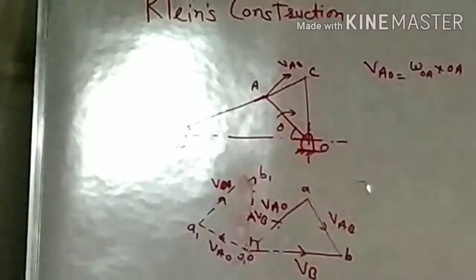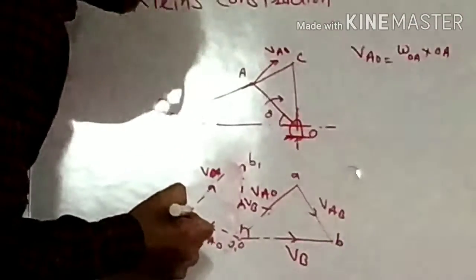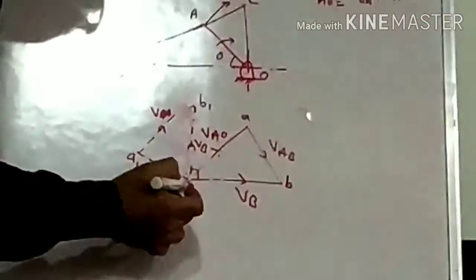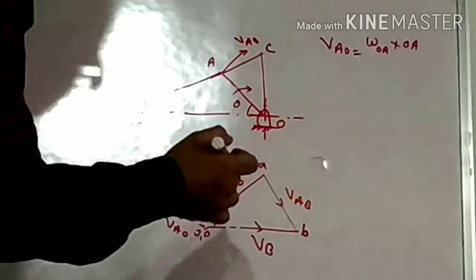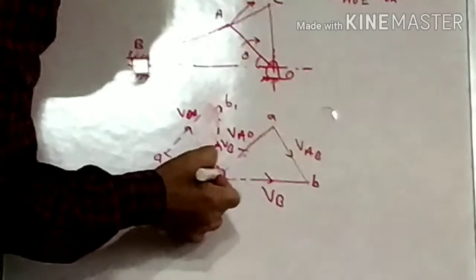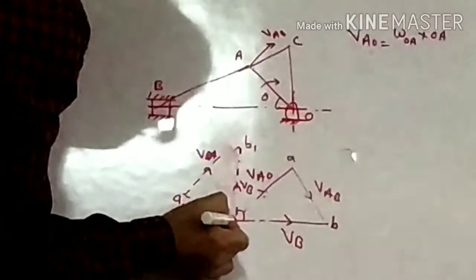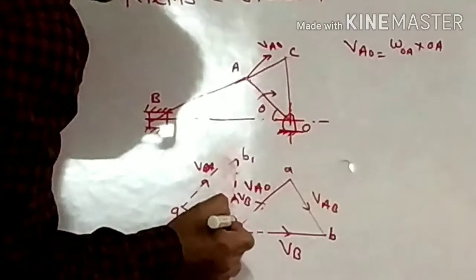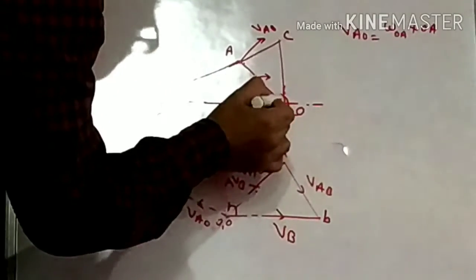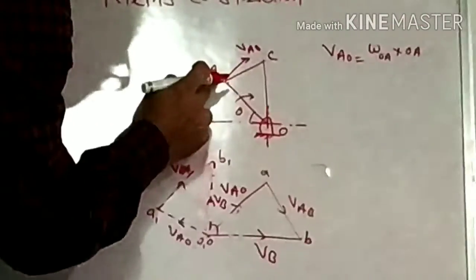How are these similar triangles? Because line O1A1 is parallel to link OA. Why? Because vector OA is perpendicular to link OA, and line O1A1 is perpendicular to the initial position OA. That's why vector O1A1 is parallel to link OA.